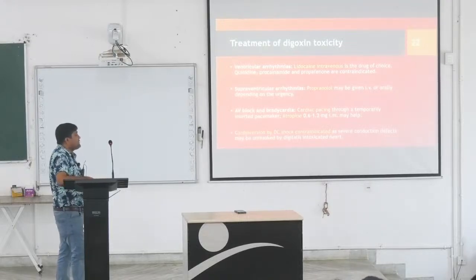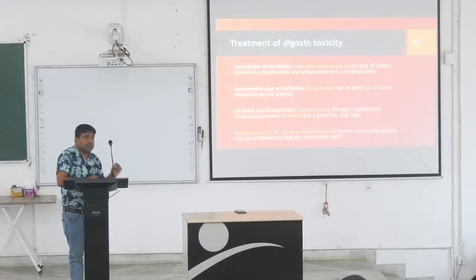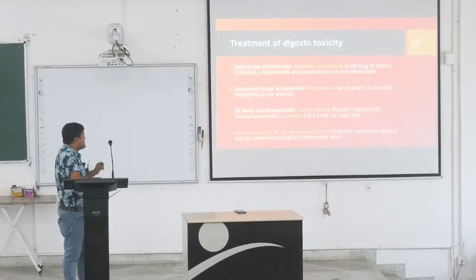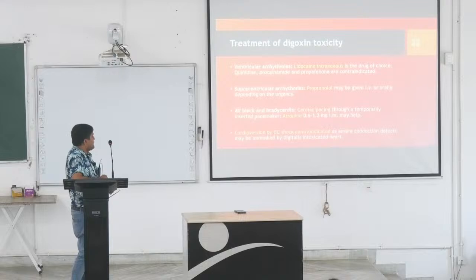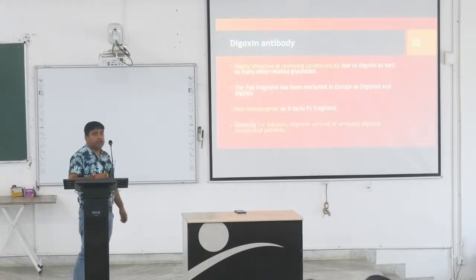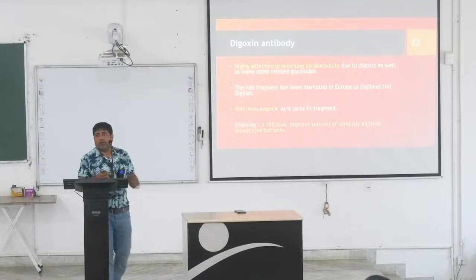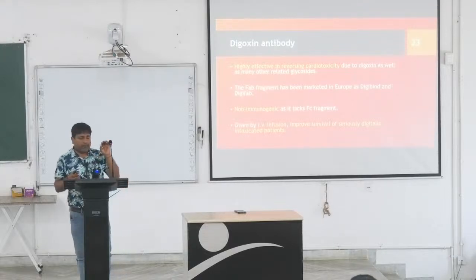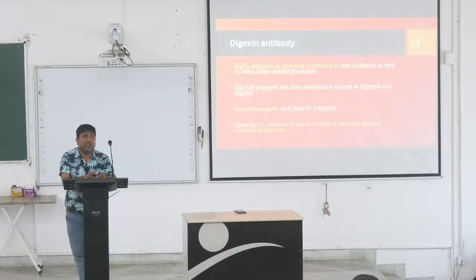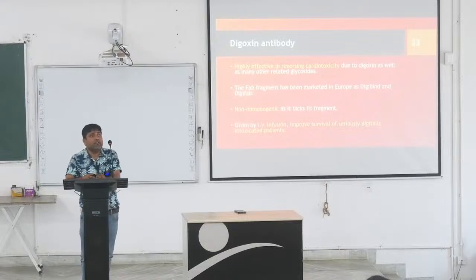Cardioversion by direct current is contraindicated in a digitalis toxicity patient. Now, digoxin antibody. Digoxin antibody was basically prepared initially to measure the digoxin level in the blood by radioimmunoassay, but it has been found to be useful even in the digitalis toxicity patient.